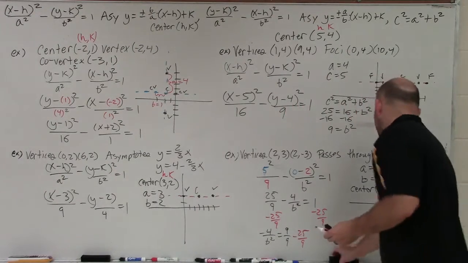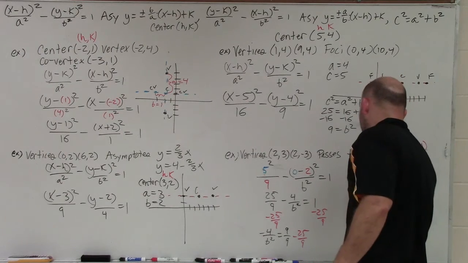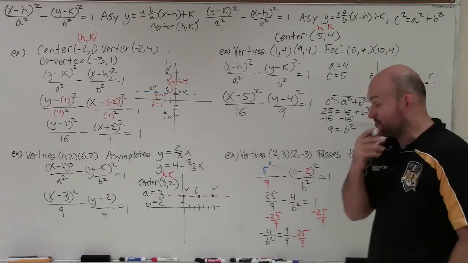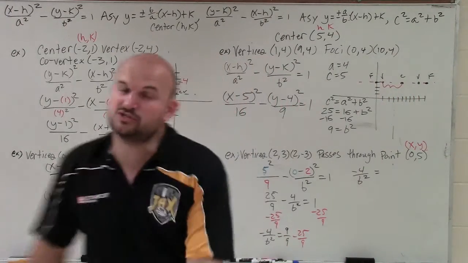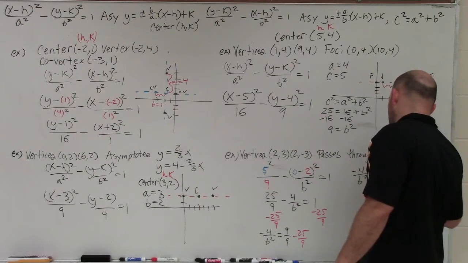Then I'll come back over here and finish my equation. So negative 4 over b squared is equal to 9 minus 25 over 9. Remember, when you're subtracting and they have the same denominators, you just subtract the numerators. 9 minus 25 is negative 16 over 9.